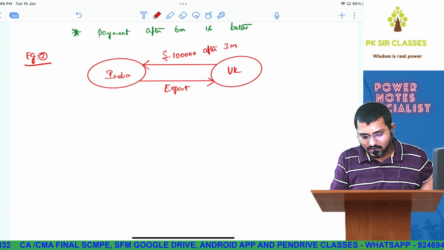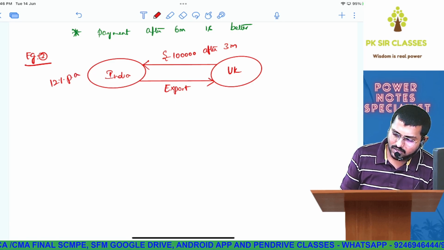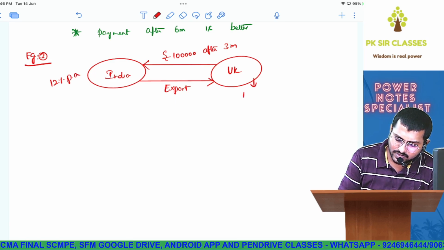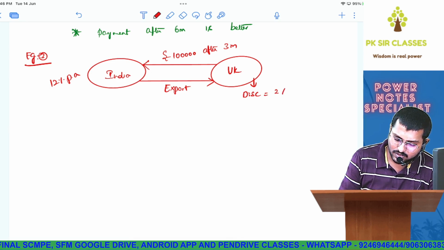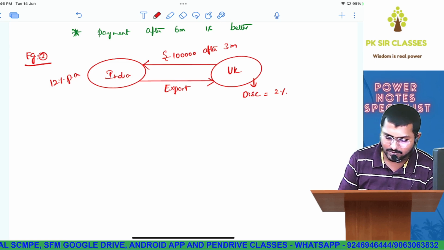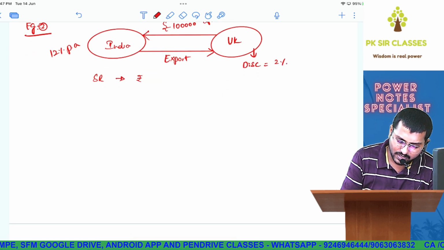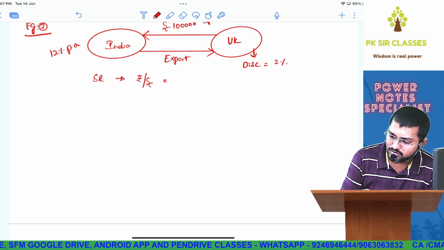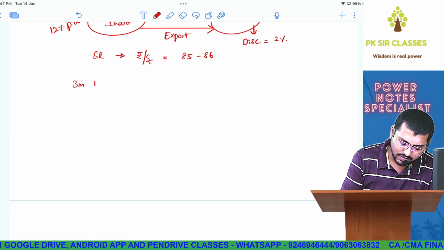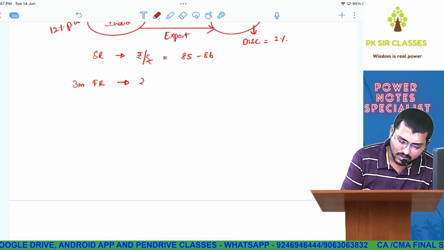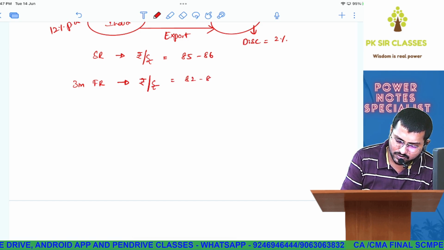In India, let's say the interest rate is 12% per annum. In the UK, the party will give a discount of 2% if he makes immediate payment. Now spot rate, rupee per pound is equal to 86. 3 months forward rate, rupee per pound, take it as 82.80.